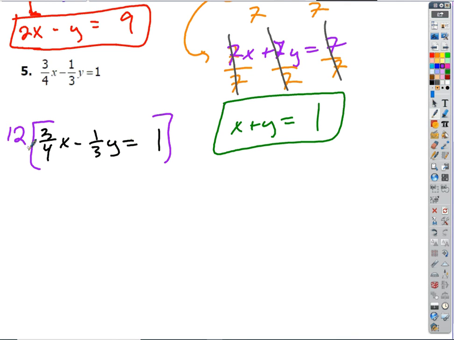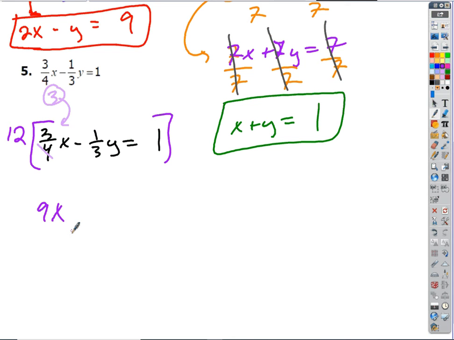Other part of this now, when I distribute, remember the little trick I showed you. Great trick. We know that the denominators divide into 12, so let's reduce first and then multiply by the top. 12 over 4 reduces to what? 3. Okay, good. So 12 over 4 reduces to 3, which I'm going to multiply by the top, and what's that give me? 9x.